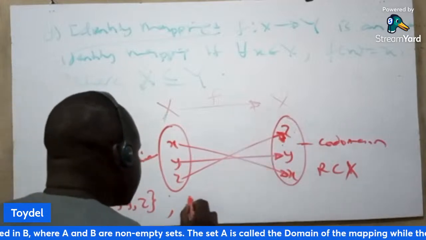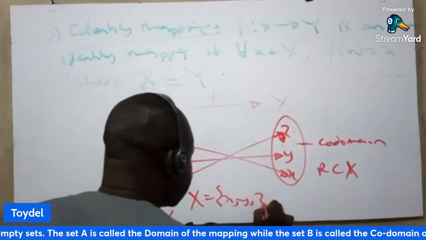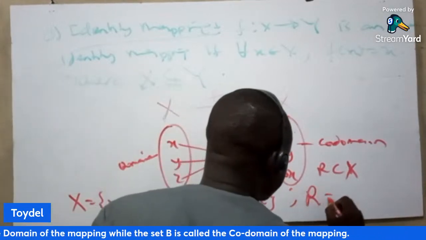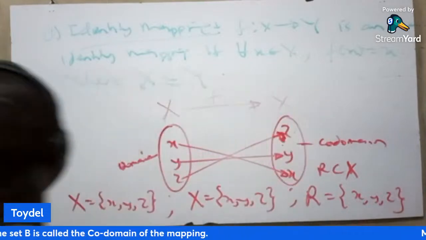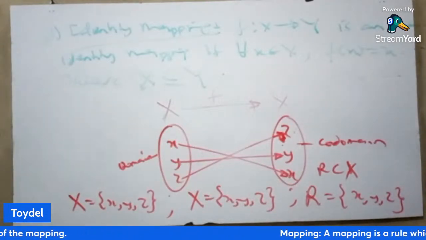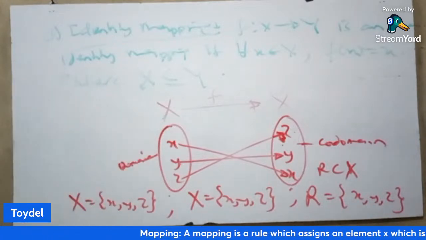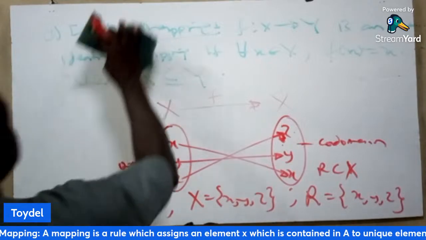The codomain, which is also X, has x, y, and z as the elements, and the range also has the same elements, x, y, z. So under identity mapping, all these three will be the same: the domain, the codomain, and the range. So all the three are equal, and that is the uniqueness of this identity mapping.